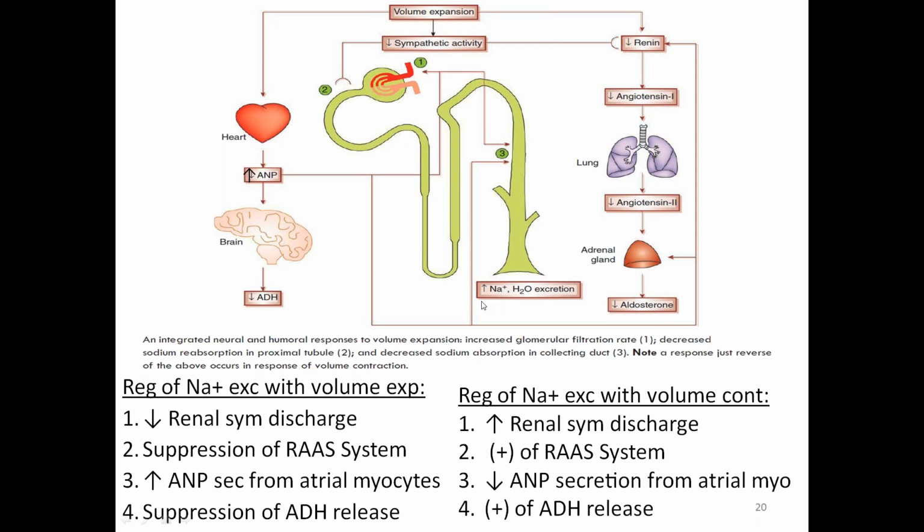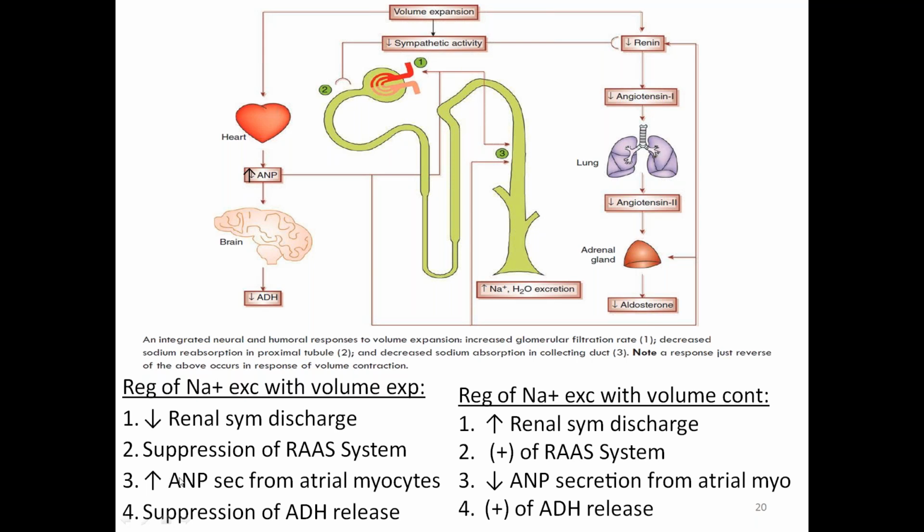Now, what is the mechanism of increased sodium excretion? One is your decreased renal sympathetic discharge. So here, if you see, volume expansion has happened and there is decreased sympathetic discharge. Then there is suppression of your renin-angiotensin-aldosterone system.